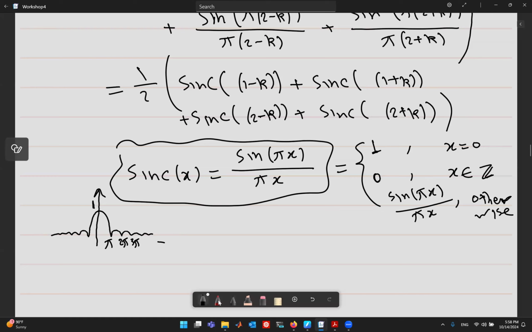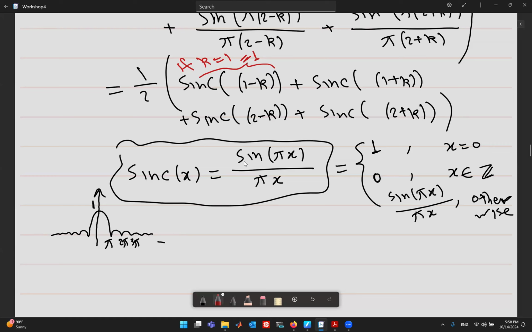So if we get back to this, here we have sinc 1 minus k, sinc 1 plus k, sinc 2 minus k, and sinc 2 plus k. If k equals 1, this term will be just 1, and the rest of the terms will be zeros, because each will be an integer.